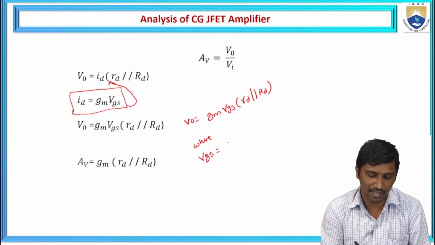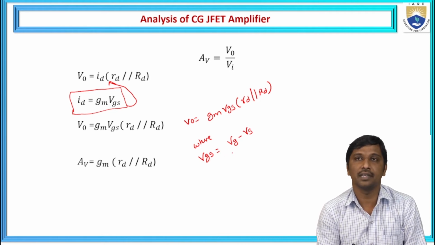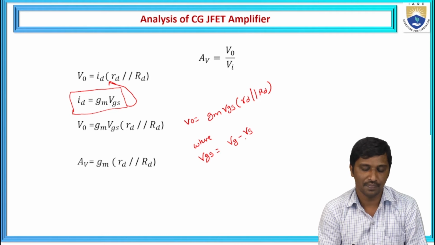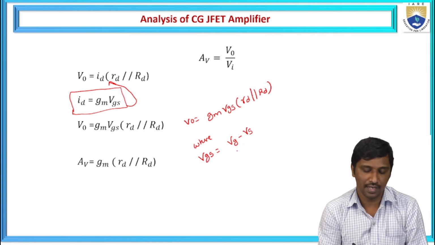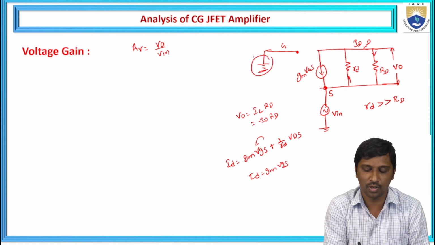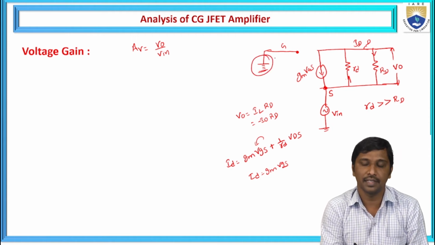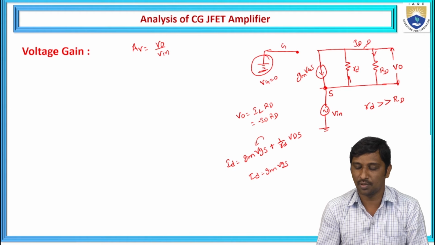Hence, VGS can be rewritten as the gate voltage minus the source voltage, VG minus VS. In the common gate JFET amplifier, the gate is connected to ground potential, so the voltage at the gate is equal to 0.